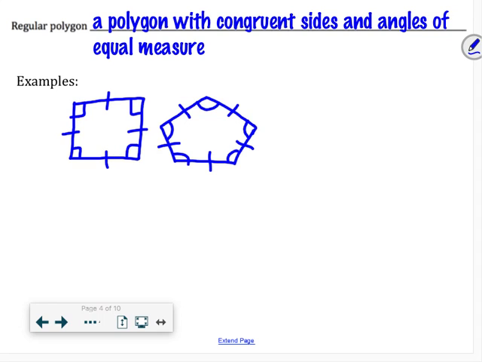You can do that on any shape using tick marks. Let's say you wanted to show that the square wasn't the same size as the pentagon, you could put 2 tick marks on the square. So those sides are equal on the square, but they're not the same size as the ones on the pentagon.